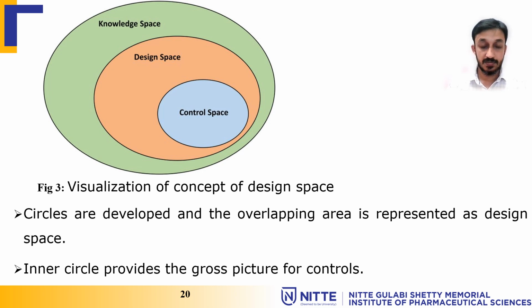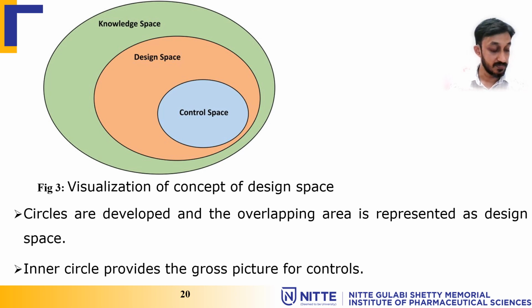When they curate the results and finally come out with a feasible limit for binders, they may come to a conclusion that something from 3% to 8% is acceptable, which can produce a decent tablet without much defects or matching the specifications. So this 3% to 8% will be considered as the design space.